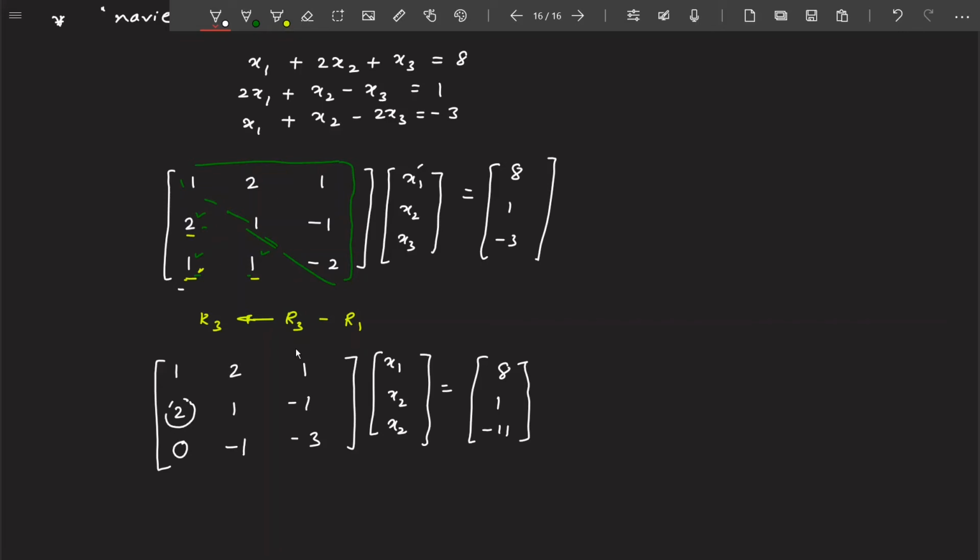Yes, there are situations where you can make this element 0, but only if this element is already 0 here. Understand this thing.